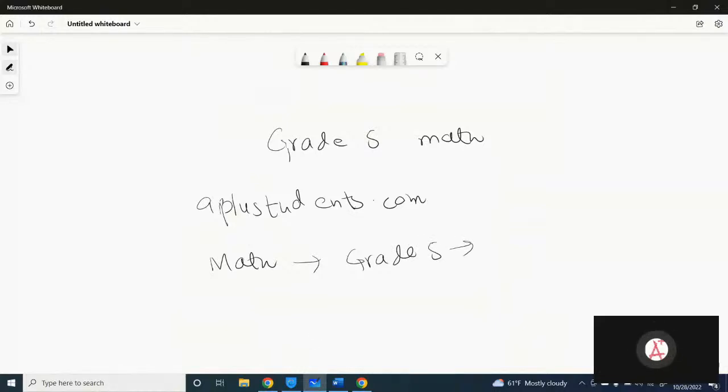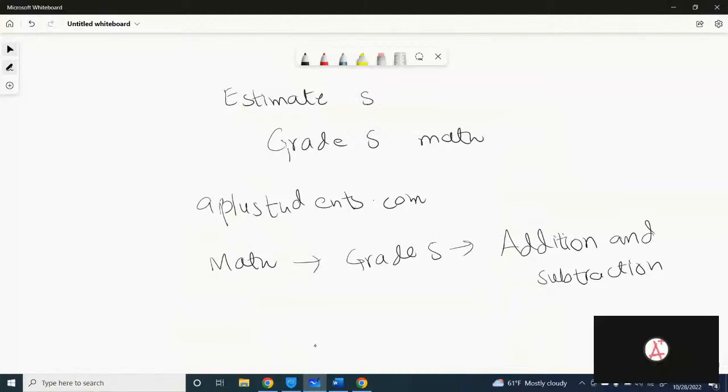And the topic we're going to start with is the chapter that is addition and subtraction. And the lesson we're going to start with is estimate sums and differences of whole numbers.